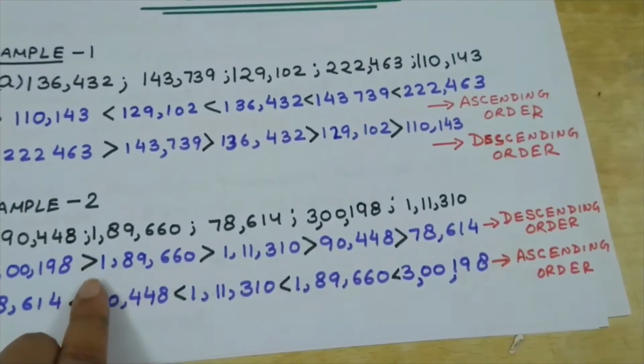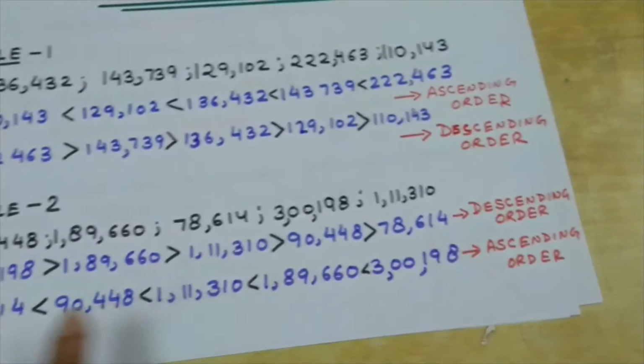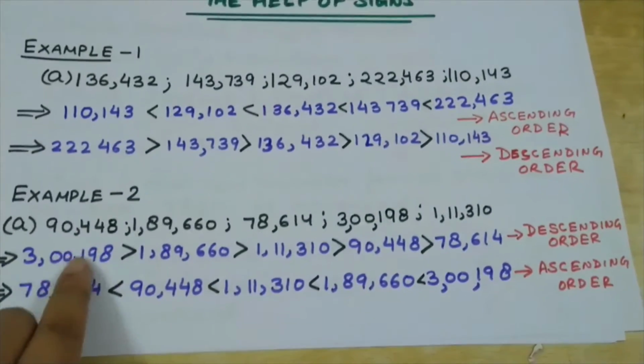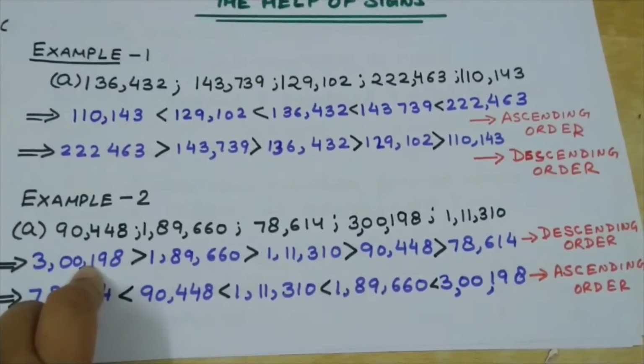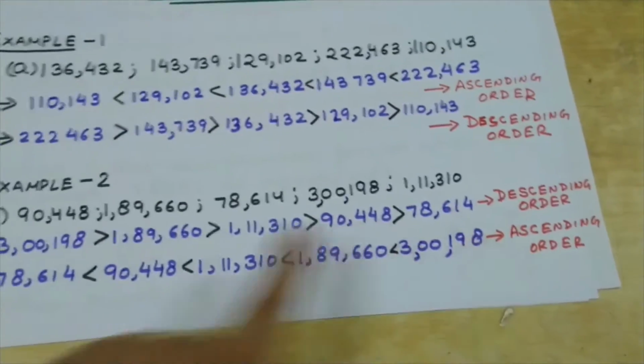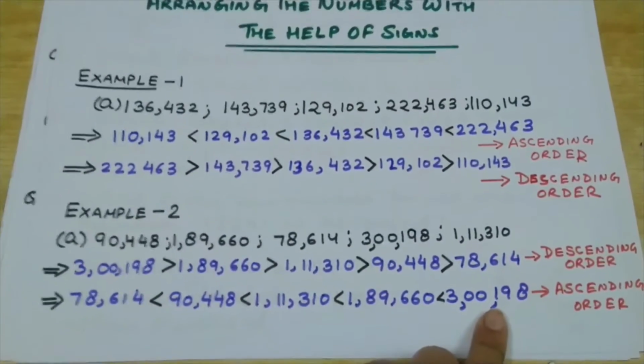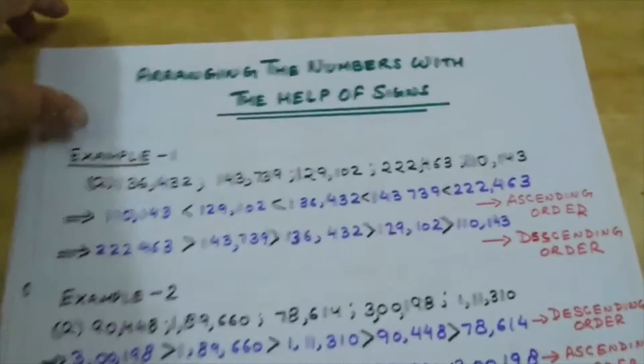So if you can see, the arrows changed. In ascending order, the arrows change. So in descending order, this one is the biggest, correct, and the last one is the smallest. In ascending order, the first one will be the smallest and the last one will be the greatest.